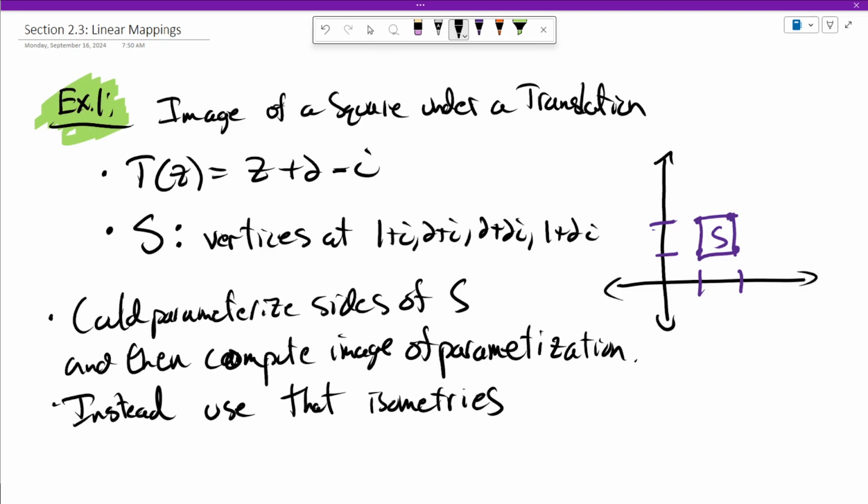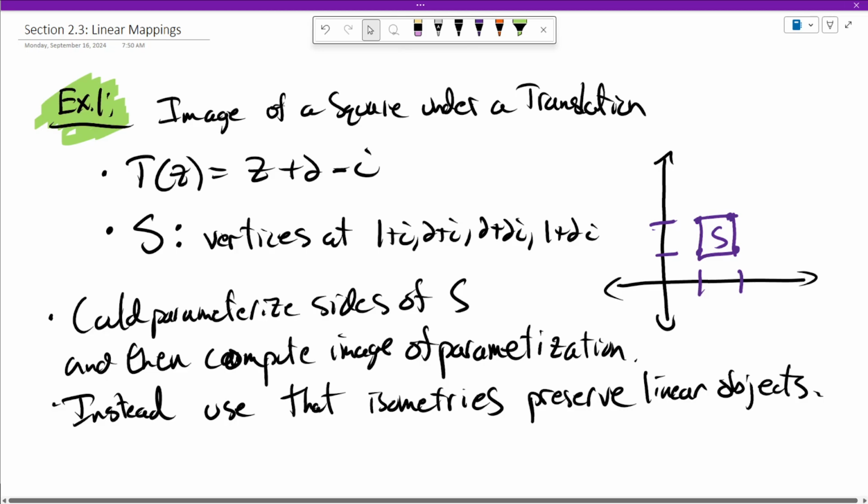Of course, if you just add 2 minus i everywhere, you're not stretching anything. Instead, use that isometries preserve linear objects. They also preserve circular objects. Anyways, since they preserve linear objects, to figure out where the square goes, we don't have to figure out where all of the points go.